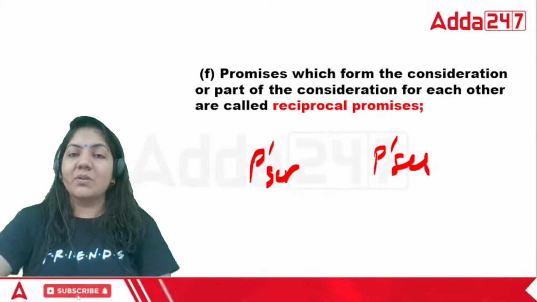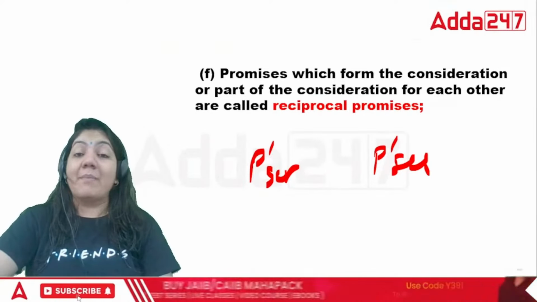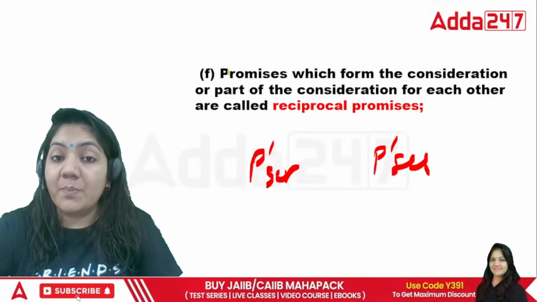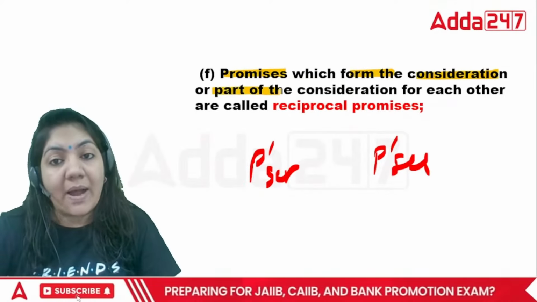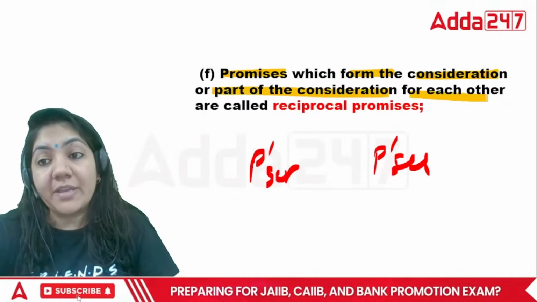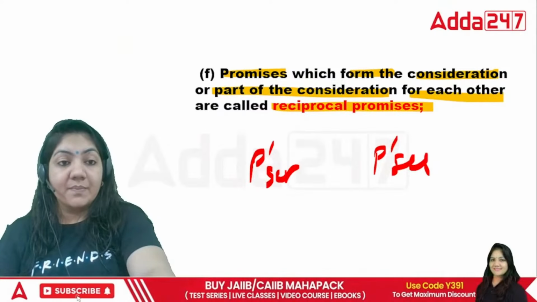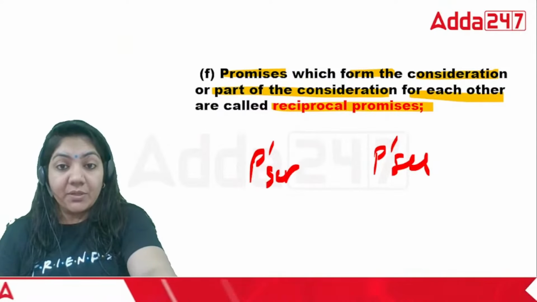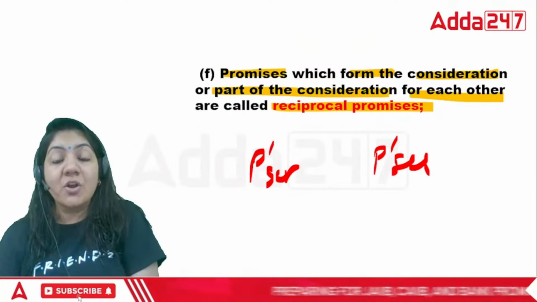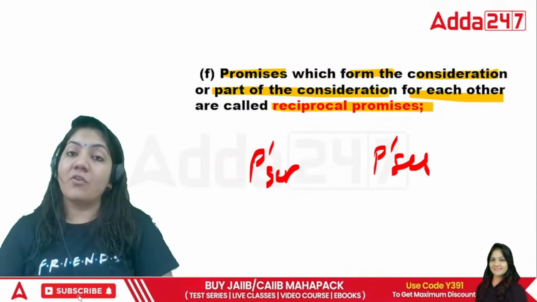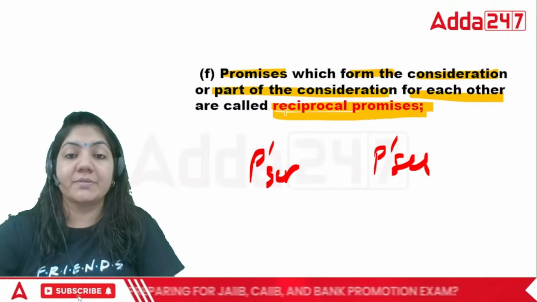I think we have just learned the word reciprocal in the math subject. The promises which form the consideration or part of the consideration for each other are called reciprocal promises.